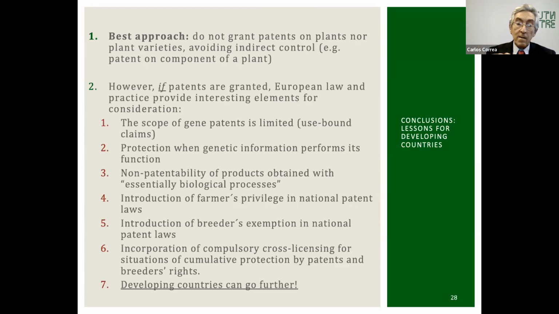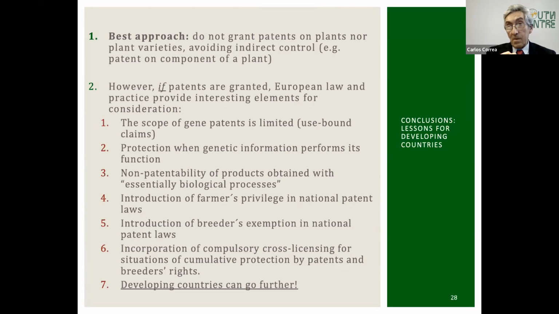So this is another important limitation to patent protection in this field. Thirdly, it would be important to clarify what is meant by essentially biological processes, and in particular the fact that a product obtained through the use of essentially biological processes is not patentable.